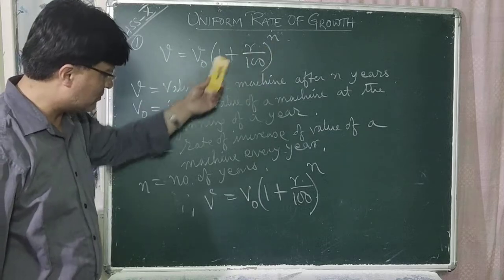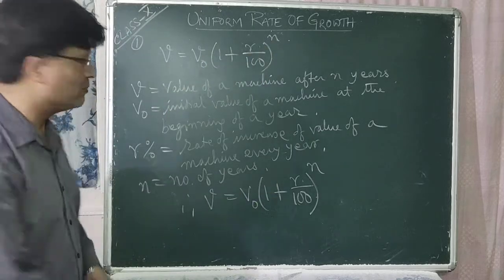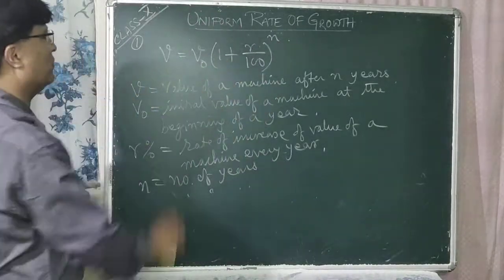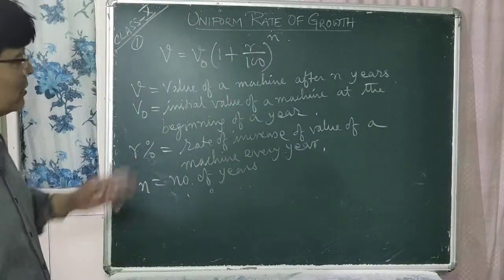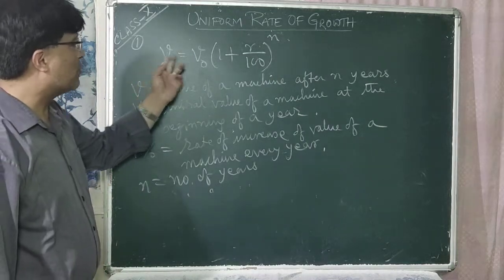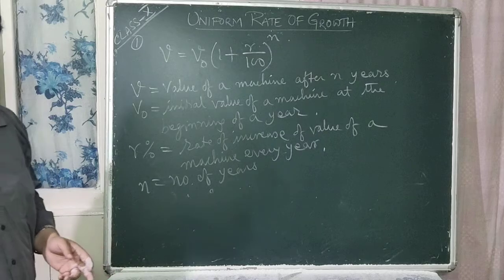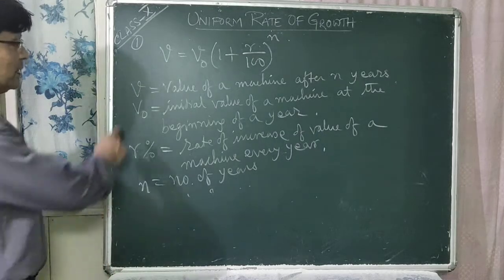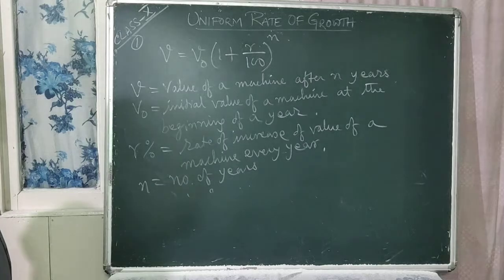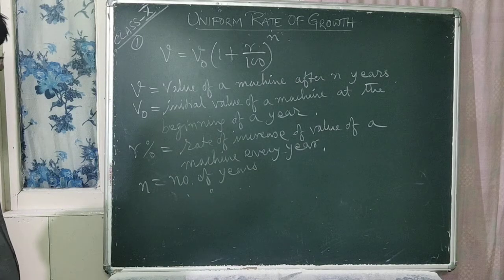We have already written this earlier, so there is no need to write it again. That is, V is equal to V0 within bracket 1 plus R upon 100 whole to the power N. So these symbols have their usual significances. V is equal to value of a machine after n years.